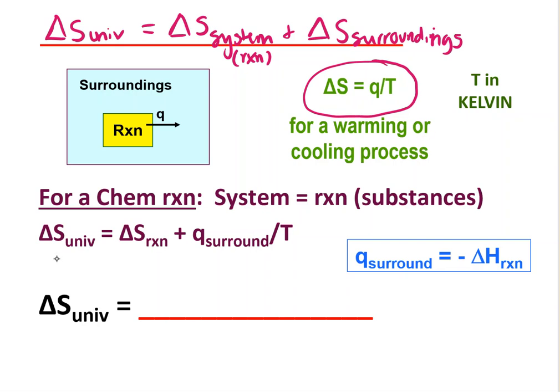And what else do we have? We will take the change in entropy for the reaction and put that together with the amount of heat that the surroundings are getting. And remember that the heat that the surroundings are getting is going to be the same number and opposite sign to the heat of the reaction. And so we can plug that in like this.